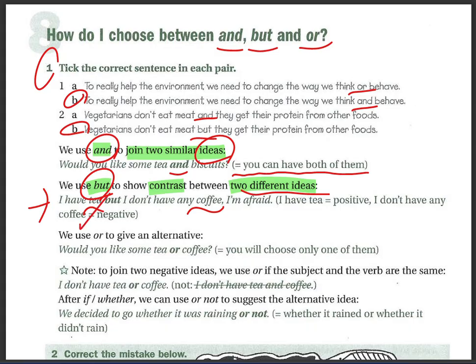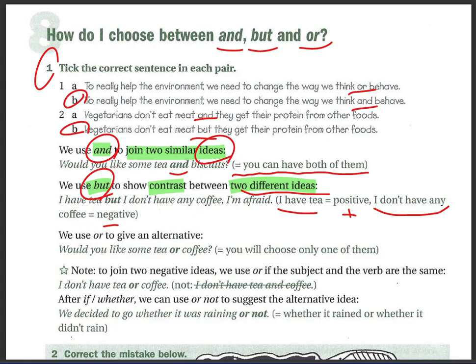Coffee, we don't have, tea we have. So there is a contrast here. Yeah, there are different ideas. Having something and not having something. And also look at here, I have tea, positive. I don't have any coffee, negative. So for joining 2 different ideas, we use but.